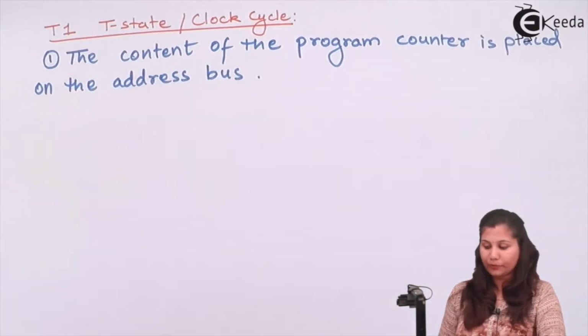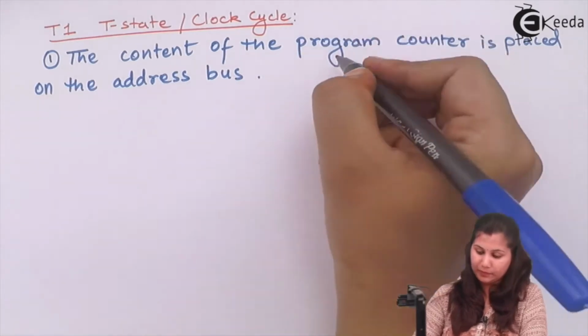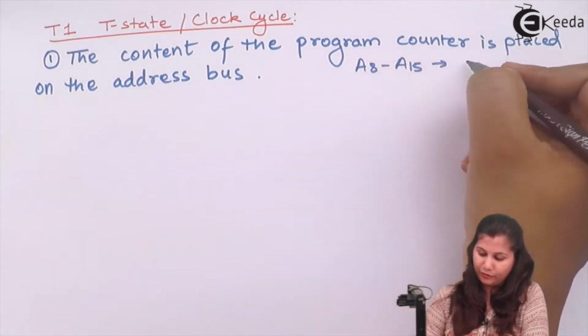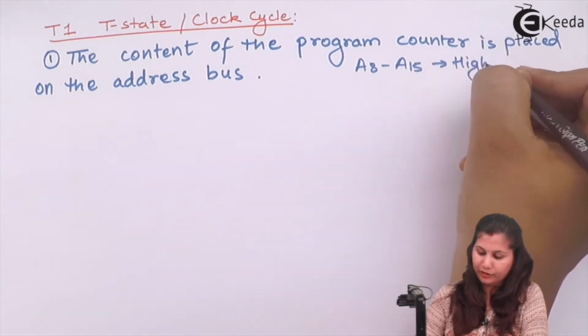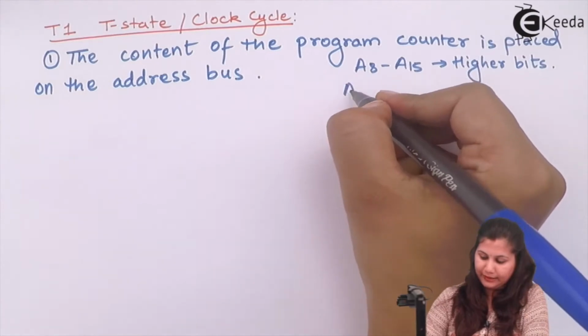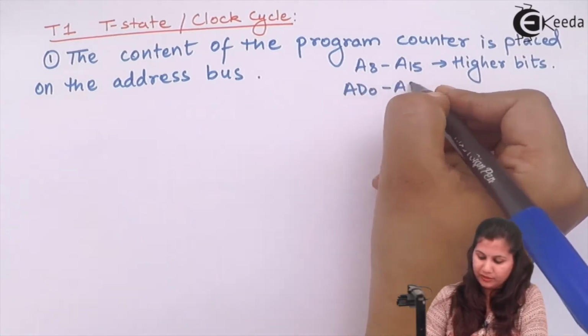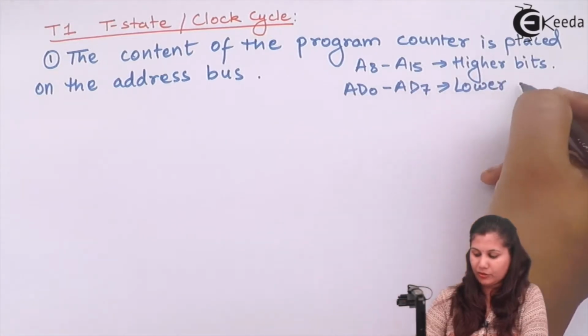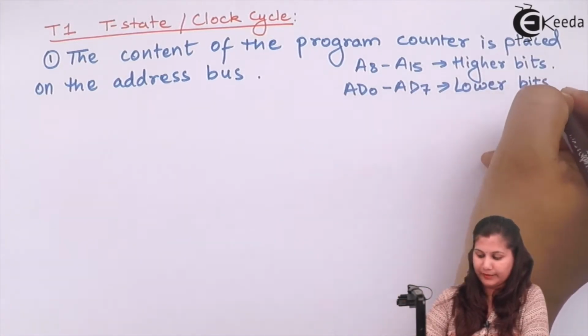The contents of the program counter are placed on the address bus. We have A8 to A15 as the higher order memory address. The higher order bits will be stored here. And AD0 to AD7 will have the lower order memory address, or we can say lower bits.